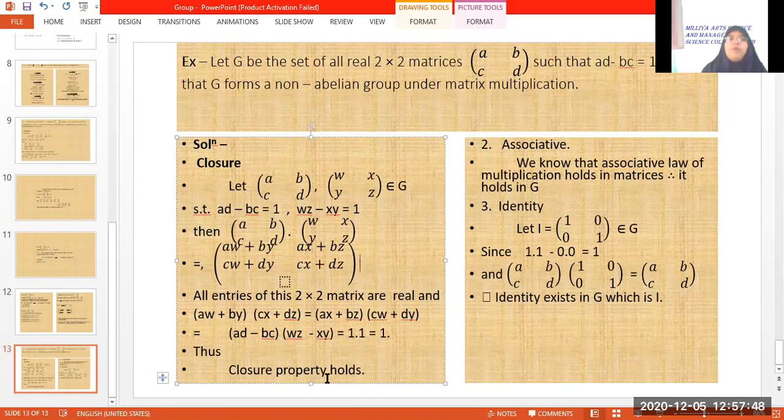Thus, closure property holds. Associative property obviously holds. Identity matrix 1 0 0 1 is the identity element.